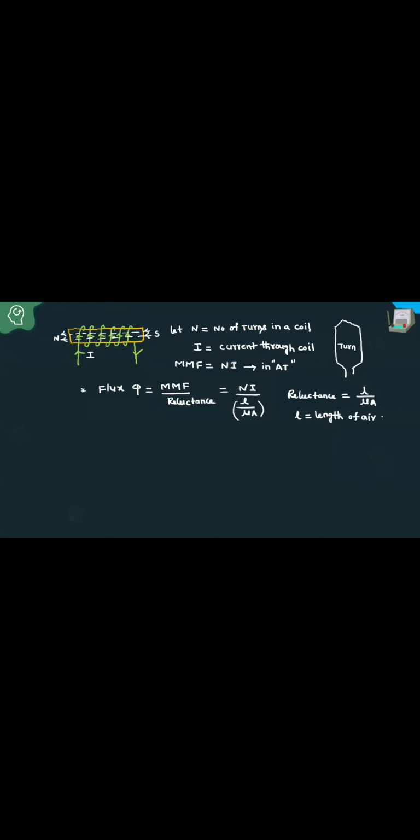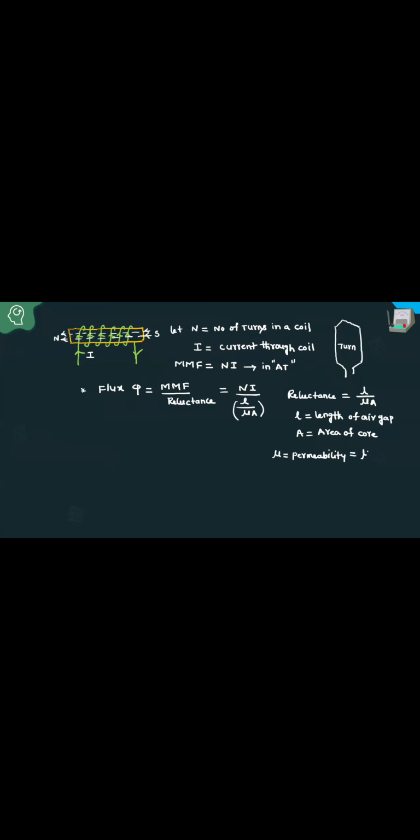Then A is the area of the magnetic core. And what is mu here, friends? Mu equals permeability.